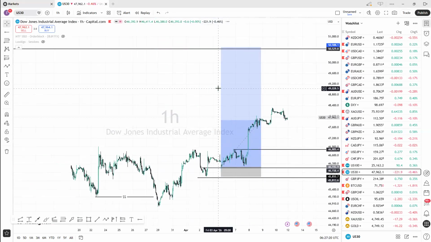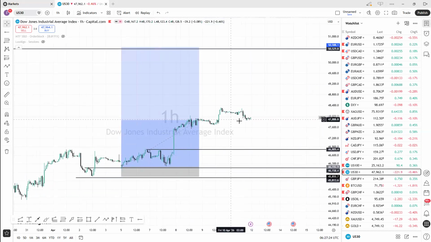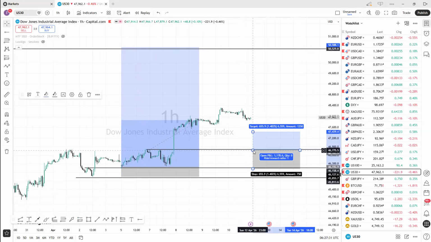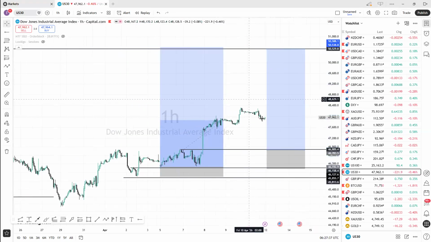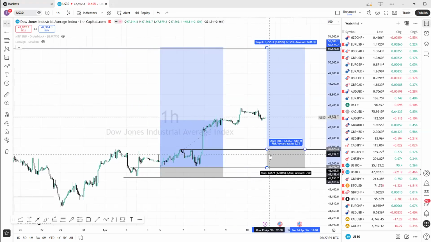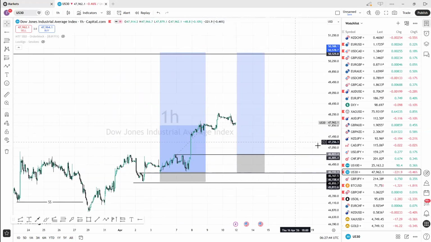TP not yet, a lot of pips in profit. So for re-entry here, you have that clear and mitigated support level. So I have to wait for retracement to that support area, and then we'll get another re-entry around that area.